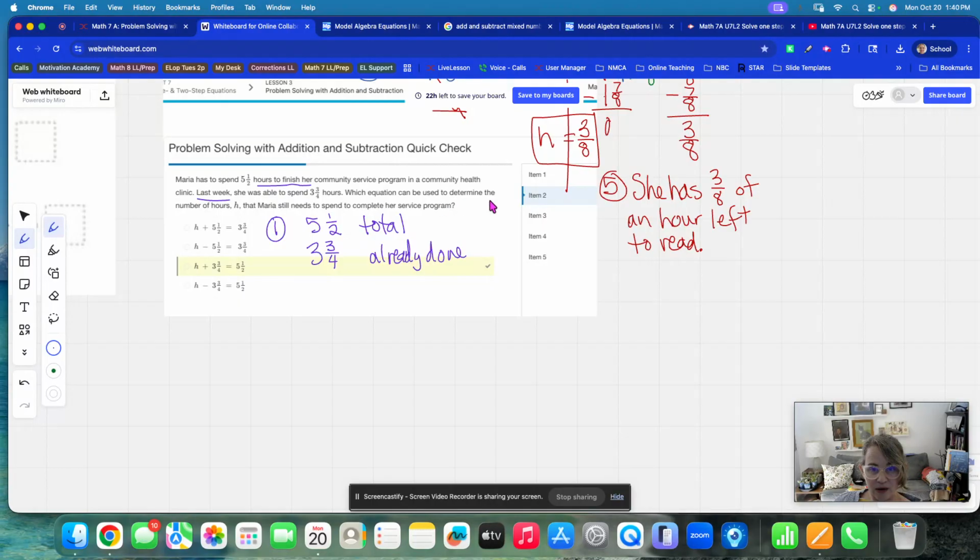Okay, and then the unknown is the number of hours left. All right, so step 2 is identify the variable. They already did that for us. Let H equal the number of hours left.